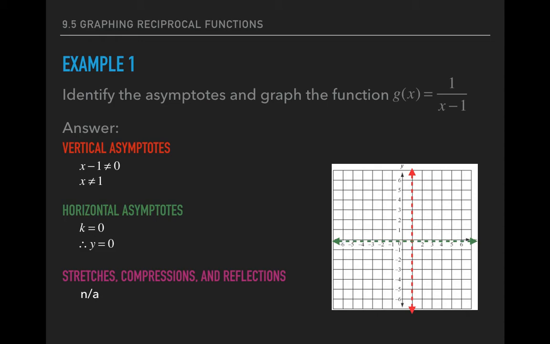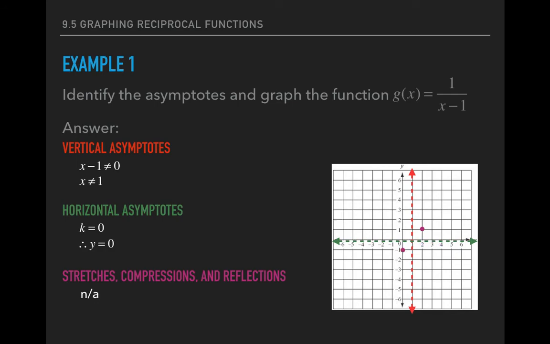So now to plot our graph, we're going to plug in x values and find the y value that corresponds. At 2, if you plug in 2, the output would be 1.